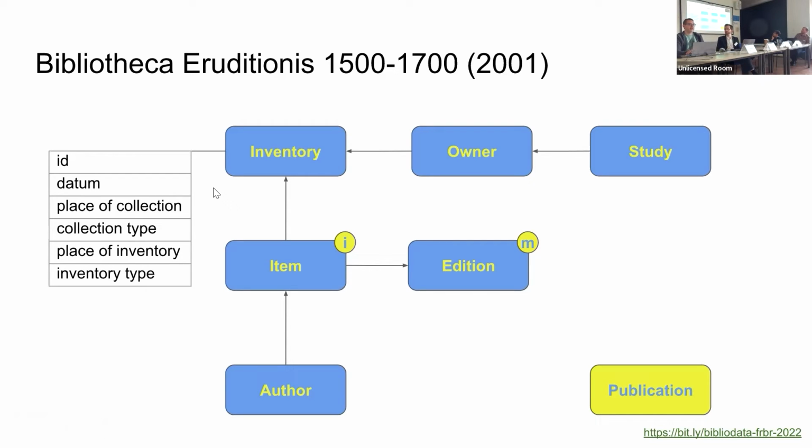They collected mainly book lists from 2 centuries from the early modern age in the Carpathian basin, so Hungary, Romania, etc. And this is their data model, and they have an item which are the description of the book in an inventory, and they try to detect what kind of editions it represents.